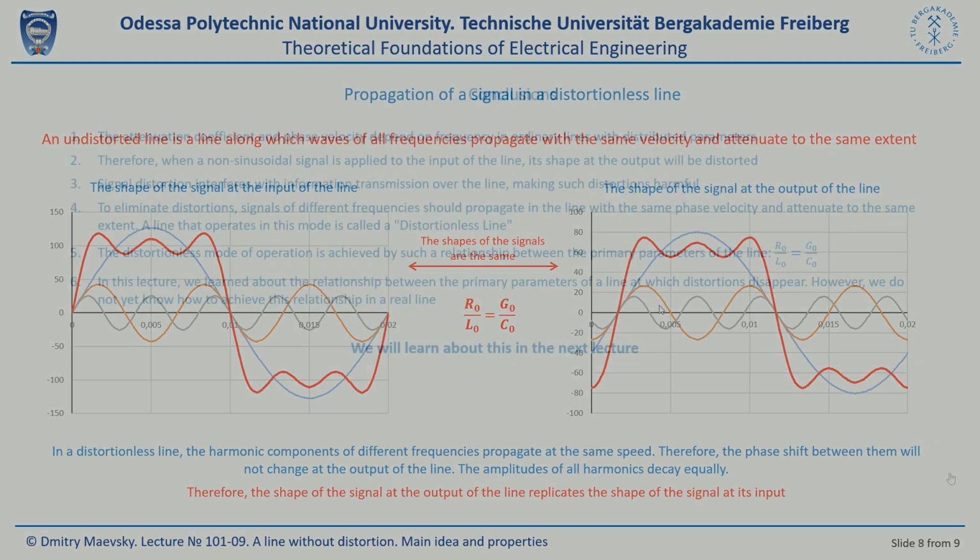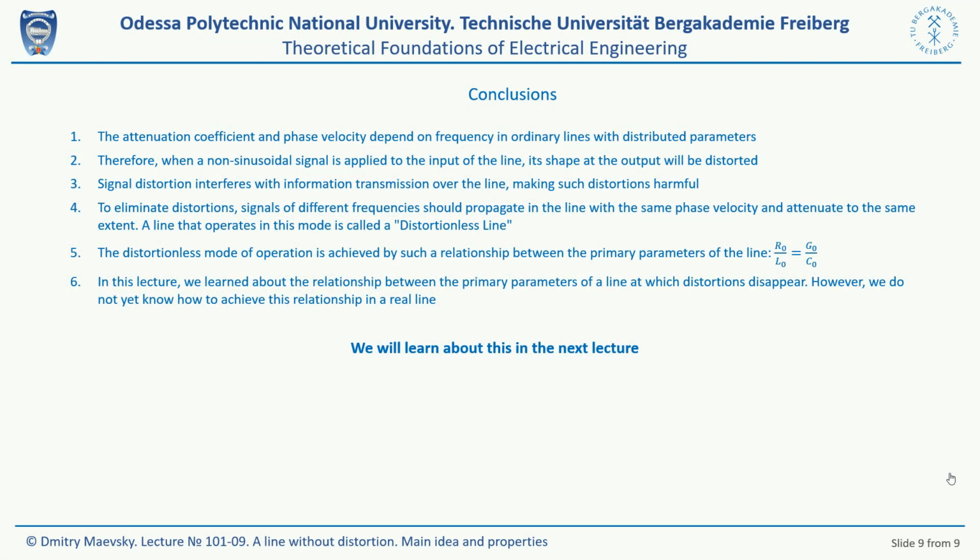And now we can make some conclusions. First of all, we can say that in ordinary lines with distributed parameters, the attenuation factor and phase velocity depend on the frequency.